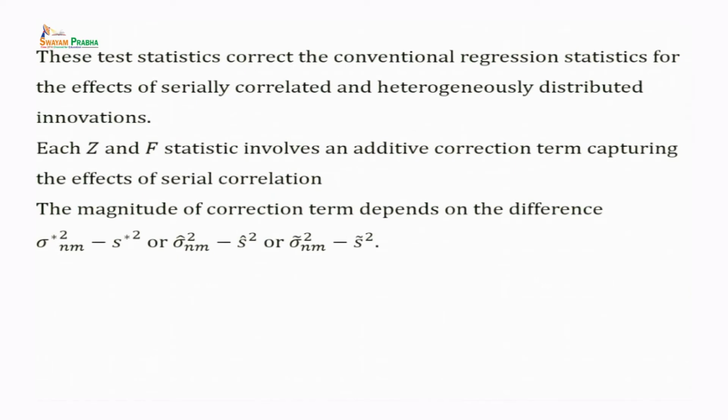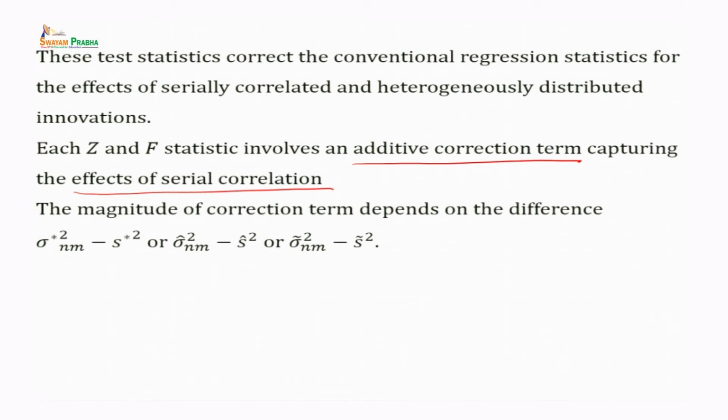So, you must have observed that each of these Z and F statistics has an additive correction term, and that additive correction term actually takes care of the effects of serial correlation.